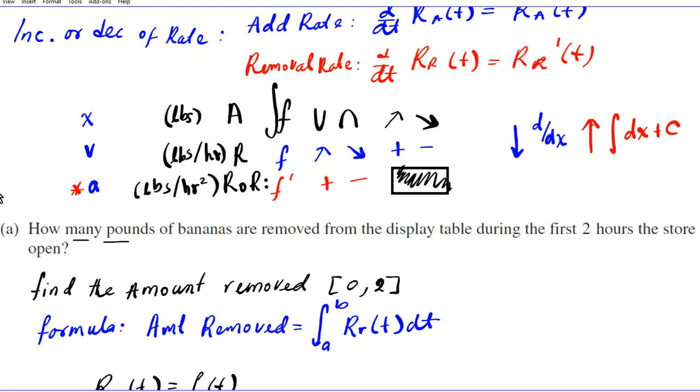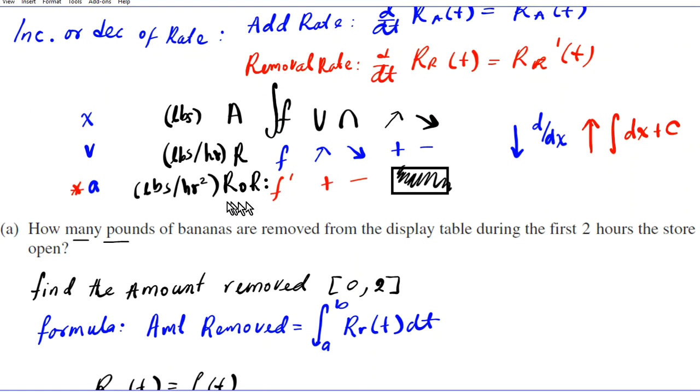So since we have a negative answer, what we're just gonna know is that the rate of removal is decreasing, because it's minus, at the rate of negative 8.1195, the units, pounds per hour squared. Okay?